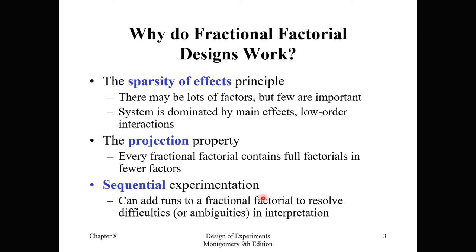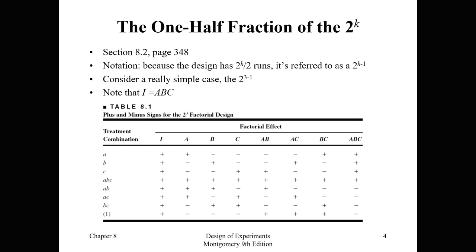But we can also add runs to the fractional factorial. As we're looking at these main effects and lower order interactions, these main effects are going to be confounded with some other things, but we could add runs to resolve any ambiguities that the main effects are confounded with. So if it turns out that we need to dive in depth on a couple of variables that seem to be important, but we're not quite sure, we can use sequential experimentation to add runs in a very efficient way.